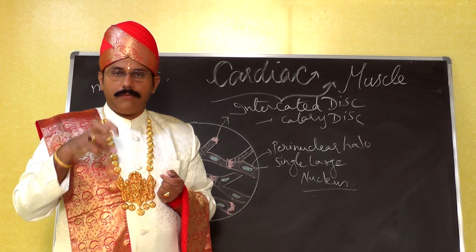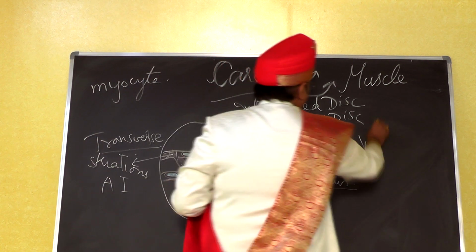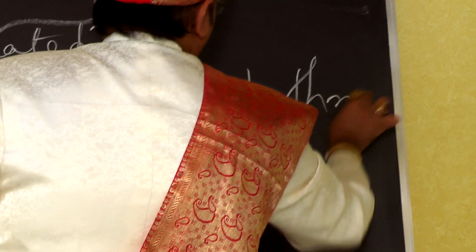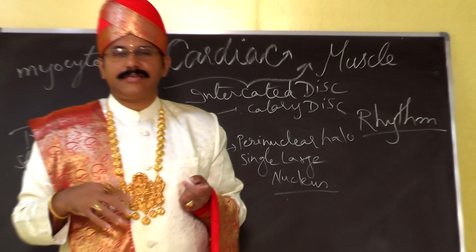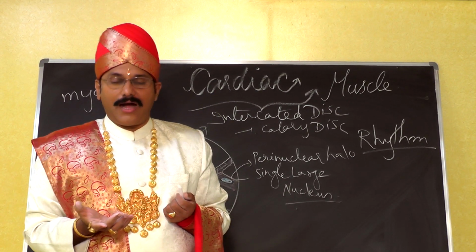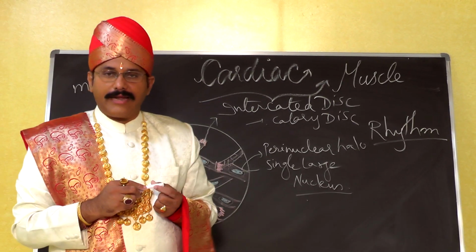The cardiac myocyte has the feature of rhythmic contraction. This rhythmic contraction is regulated very beautifully by the pacemaker of the heart. Now you know the pacemaker is the sinoatrial node, the SA node, present in the right atrium.